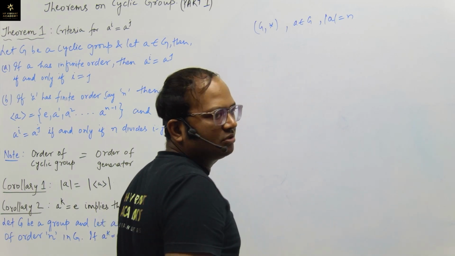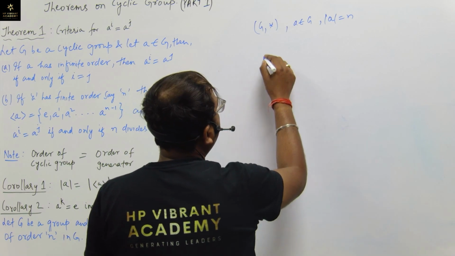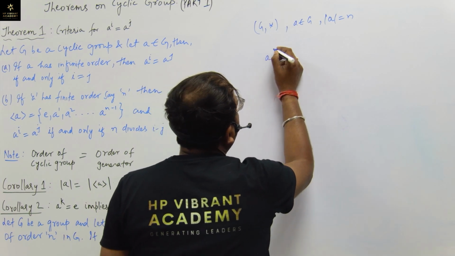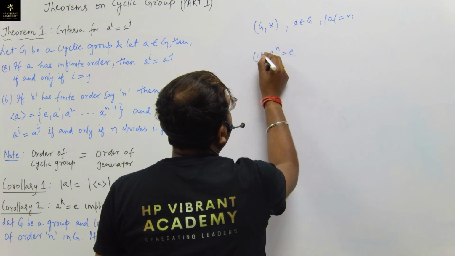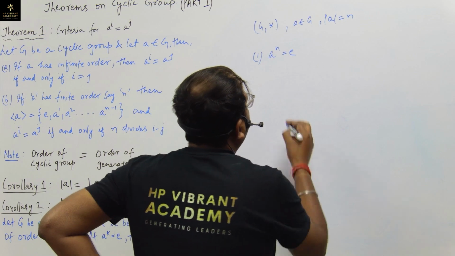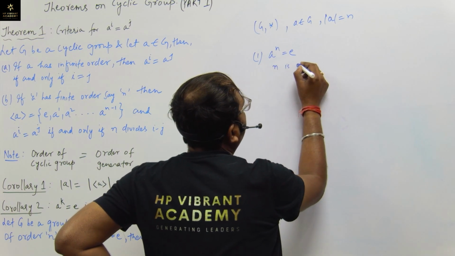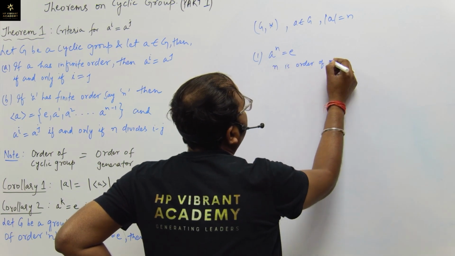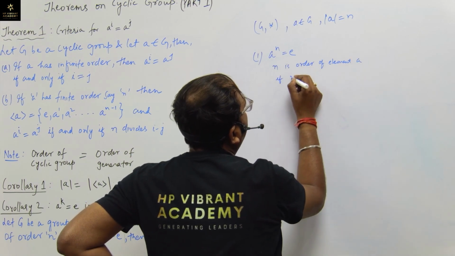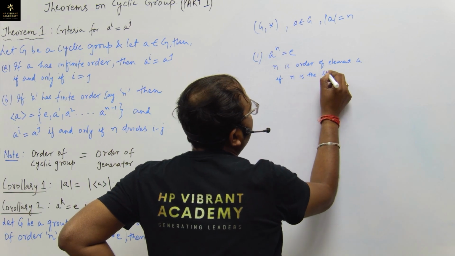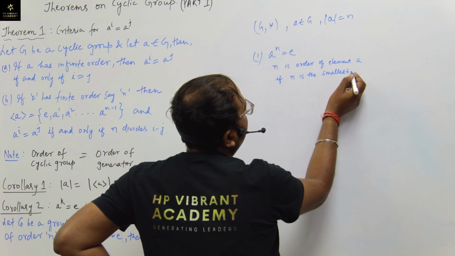Based on the definition of the order of an element, a to the power n is equal to e first, and n is the order of element a if n is the smallest natural number.